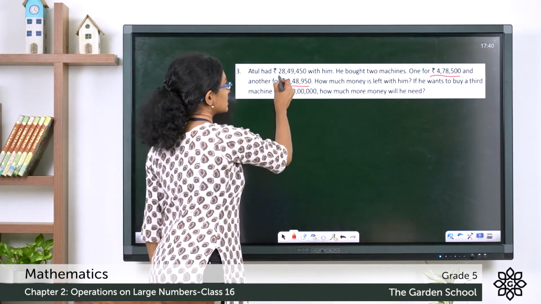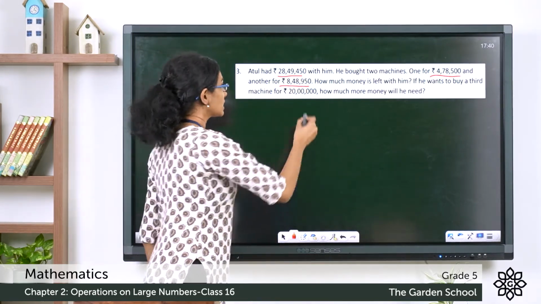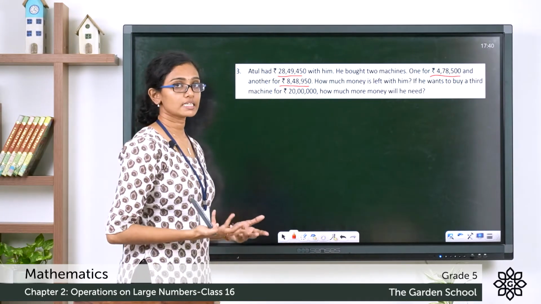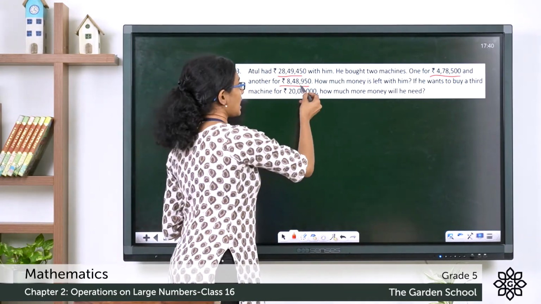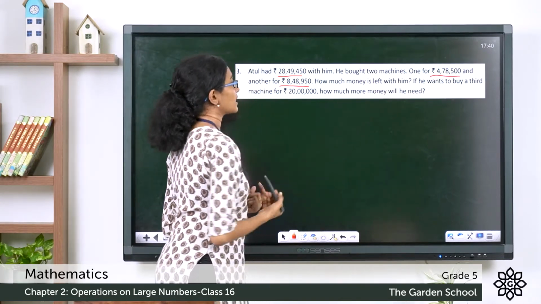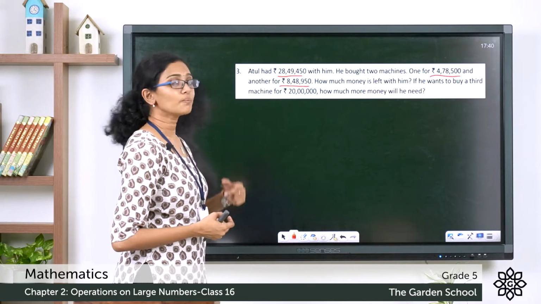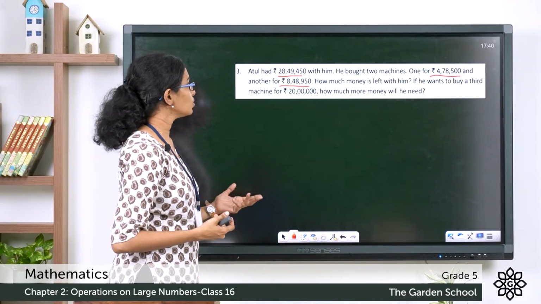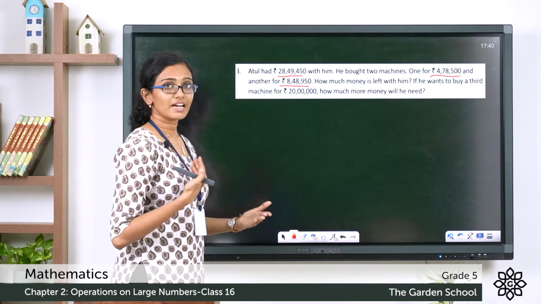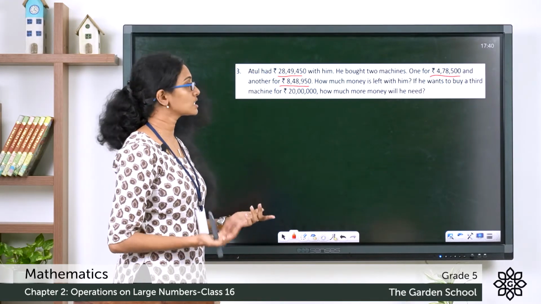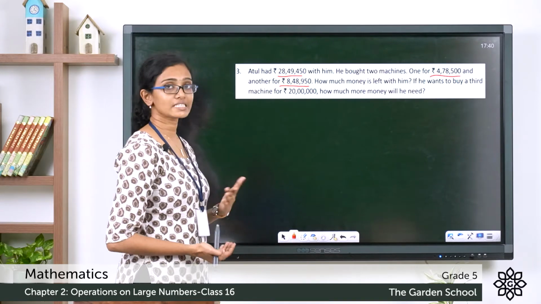So he had this much money with him in the beginning. He bought these two machines. Now, how do we find how much money is left? We have to add these two prices to get the total amount he spent to buy the two machines. Then you have to subtract that from the amount he already had in the beginning. So that will give you the money that he is left with.